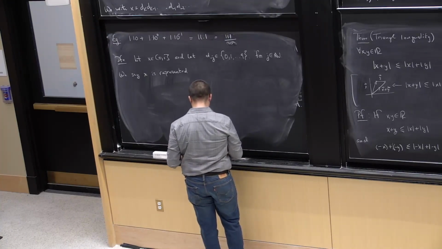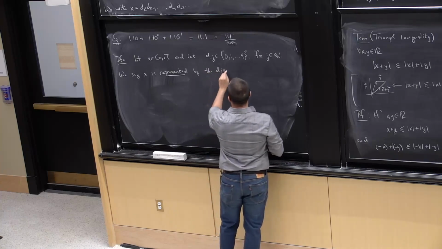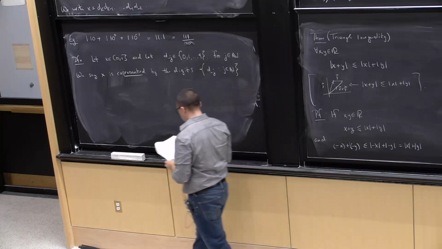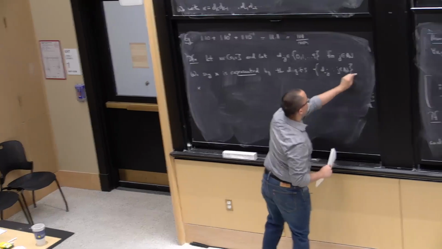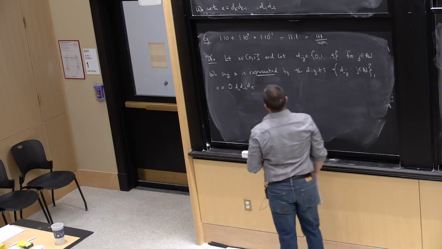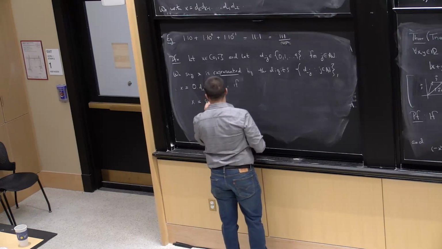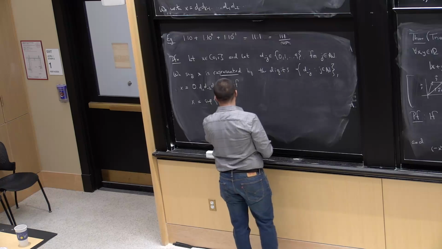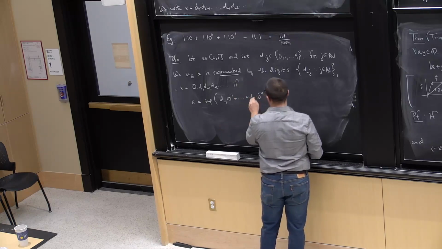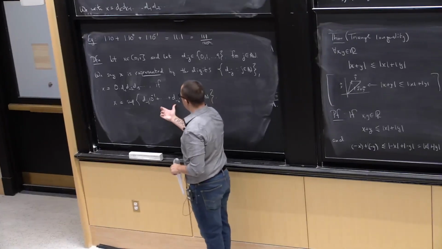We say x is represented by the digits, and write x equals 0.d_{-1} d_{-2} d_{-3}..., if, and this is the precise meaning, x is equal to the supremum of the set, where I take a finite decimal expansion, so I get a number for each n, a natural number.